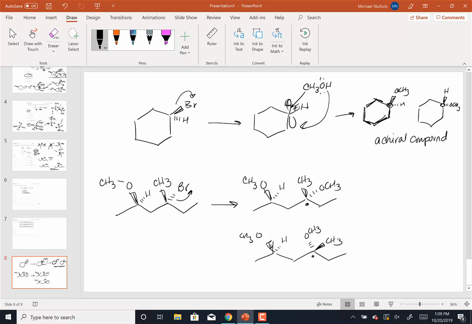Now in this case, because I had a chiral center already in the molecule and it didn't change, these two chiral carbons are the same in these two products. These two are opposite because that's where the SN1 reaction occurred, and I got a 50-50 mixture of chiral centers. In this case, these are going to be diastereomers.